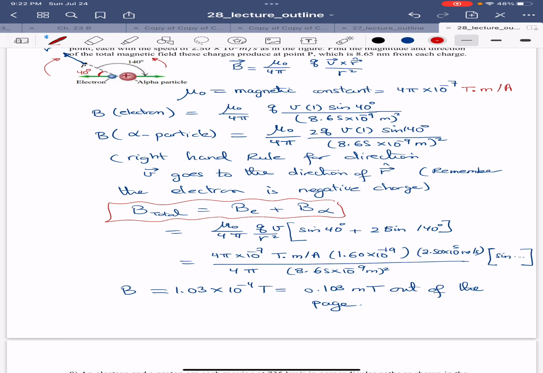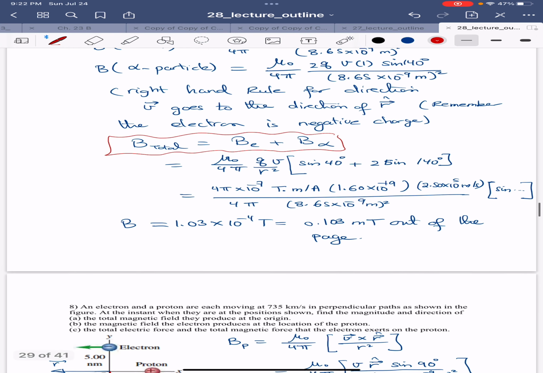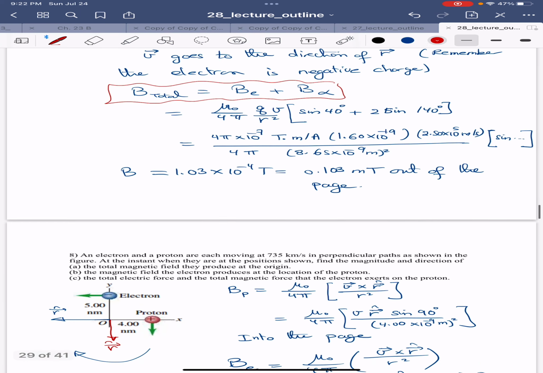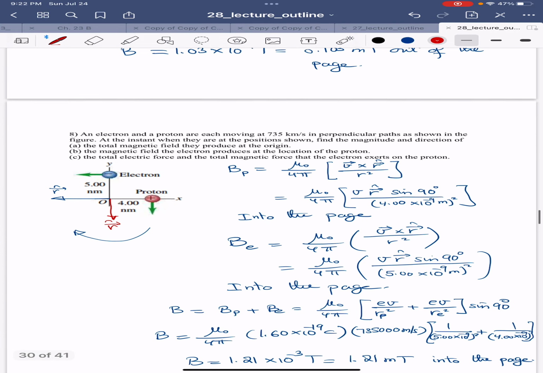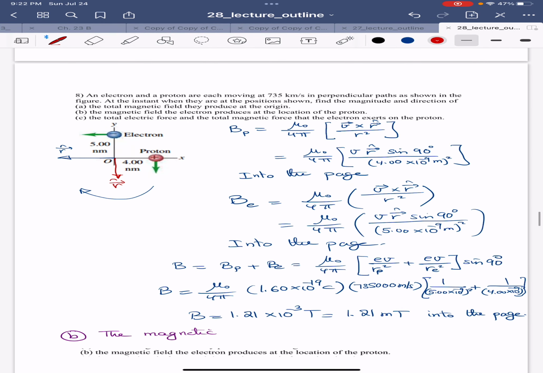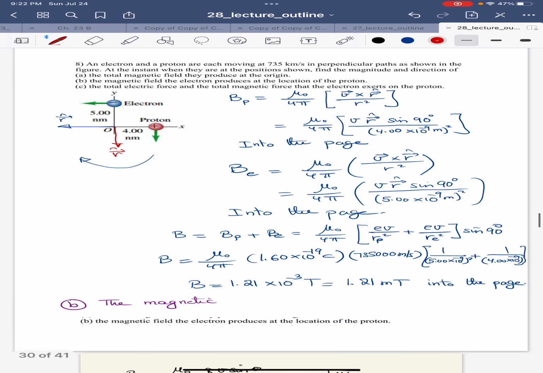I added them here, and finally the total is B equals 1.03 times 10 to the negative 4, out of the page. And when you are asked about the magnetic field, you should state the direction and the magnitude.